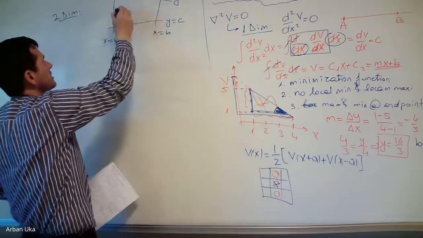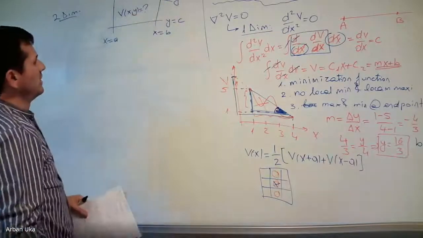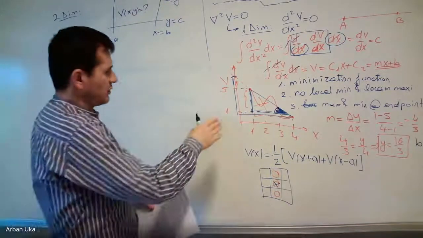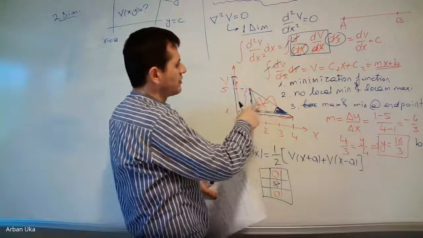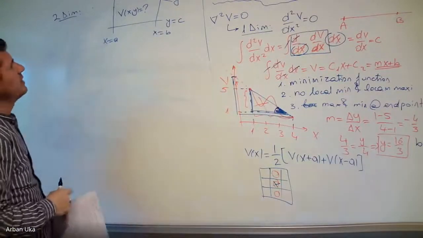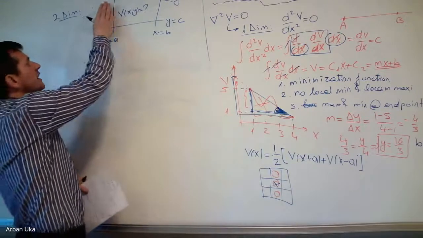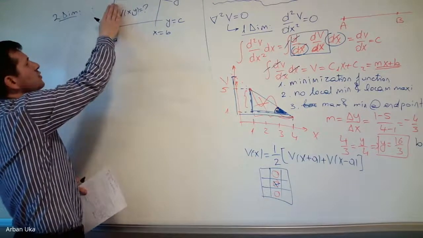The question is this: V(x,y) is equal to what? Now, here the problem was minimization of the path connecting these 2 points. In this case, the problem can be interpreted as finding the shortest area which is going to join these lines.